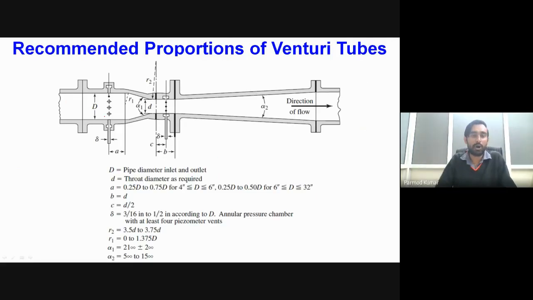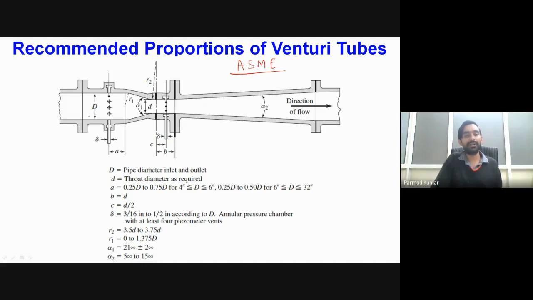Now, there are certain standard designs available for different types of flow obstruction devices. One representation I have included over here is the detailed drawing of the venturi. This detailed design is taken from the ASME standard, so it is as per the ASME regulations.